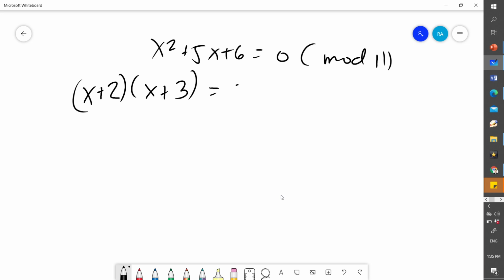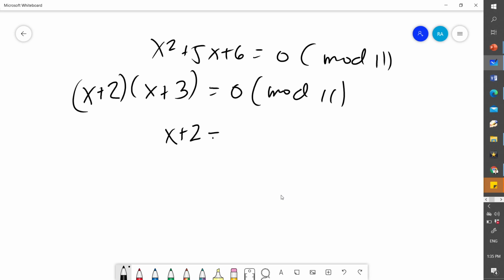Okay, then this one is 0 mod 11. So before we factor, the left hand side is congruent to 0 mod 11. Setting each term to 0 will give us what value?